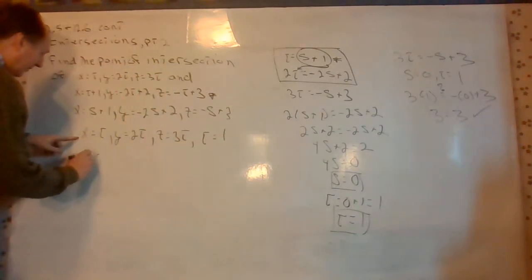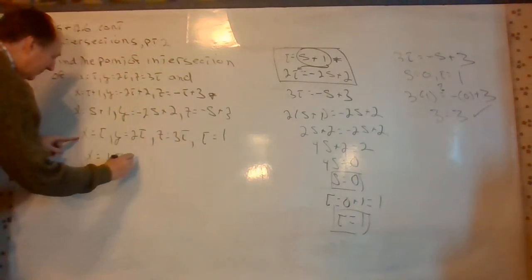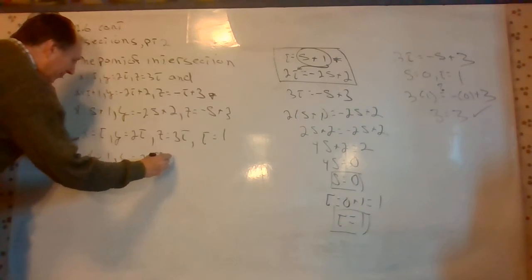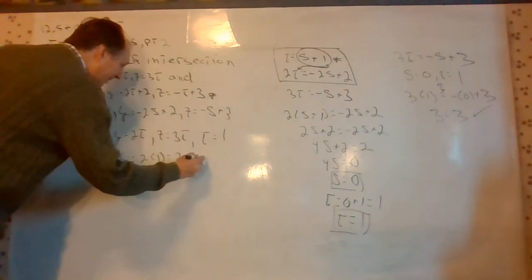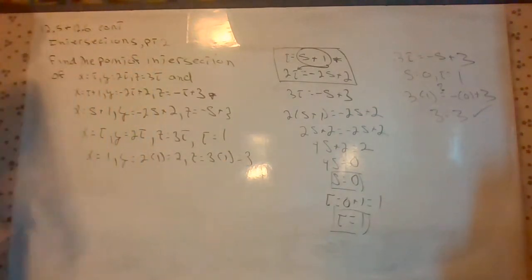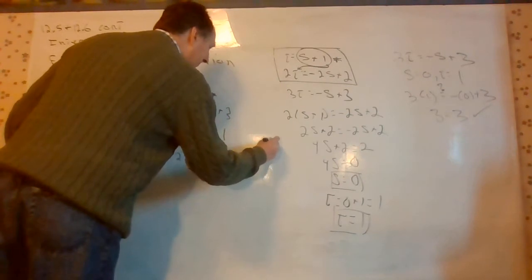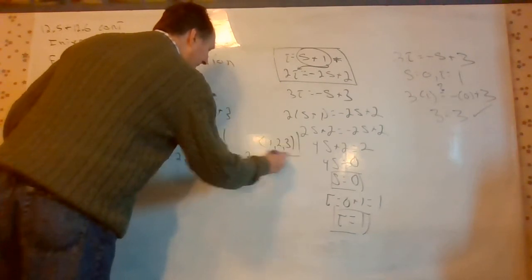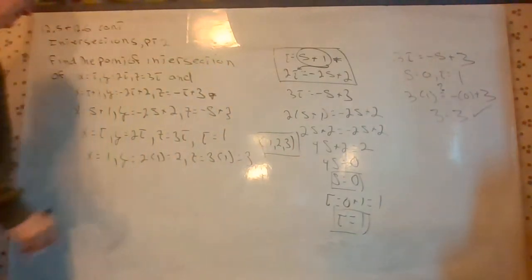And we get x equals 1, y is 2 times 1 or 2, z equals 3 times 1 or 3. And so guess what? We have the point 1, 2, 3. There's our point of intersection.